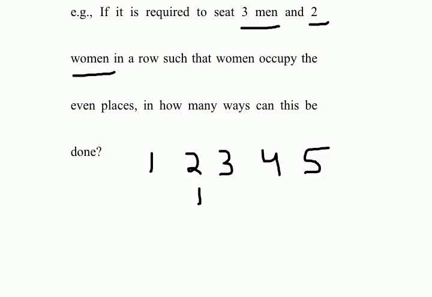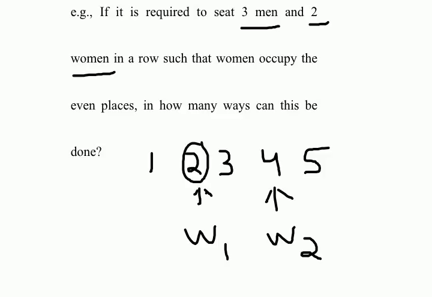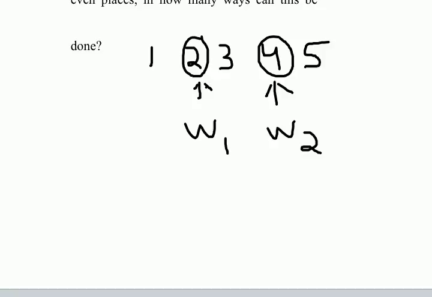So this is even and this is even, so let me say woman 1 here and woman 2 here. So 2 women go here on number 2 and number 4, and the men occupy the remaining places 1, 3 and 5. So how many ways can 3 men fill 3 spaces?